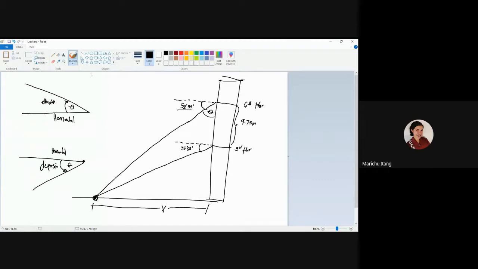So we can solve for theta. How can we solve theta? Anybody? How can we solve theta? Lival, how are we going to solve theta in this illustration?